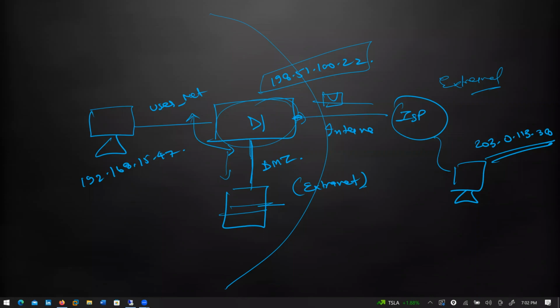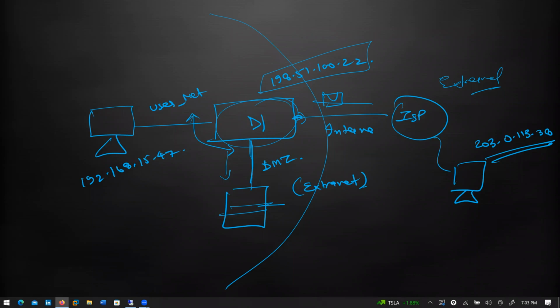Most organizations use another firewall, maybe another external firewall.